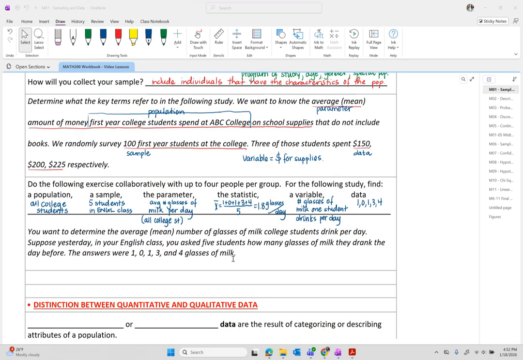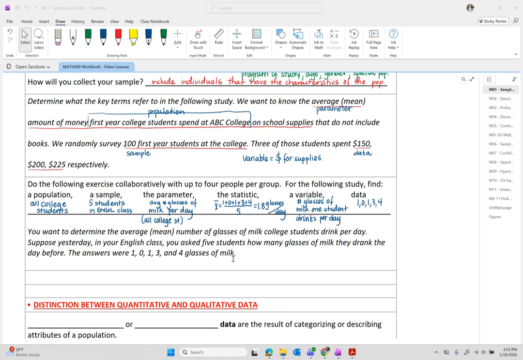So the population is all college students, and the sample was the 5 students in my English class that I asked. The parameter I'm trying to estimate is the average number of glasses of milk per day all college students drink.